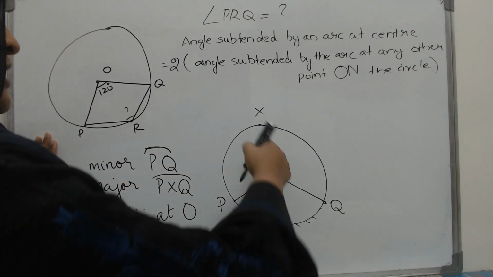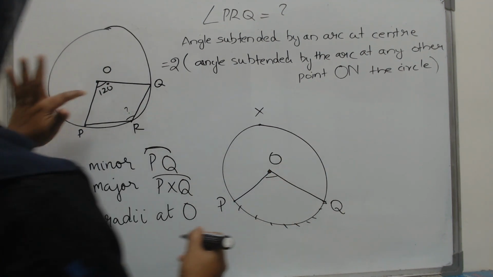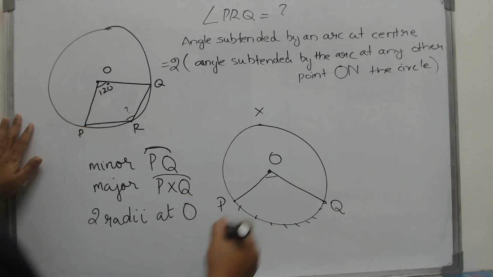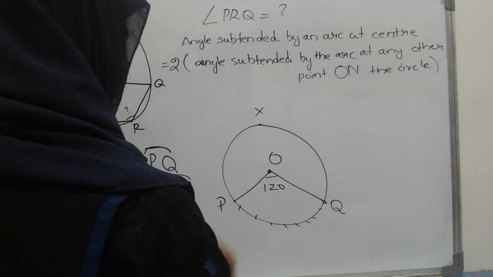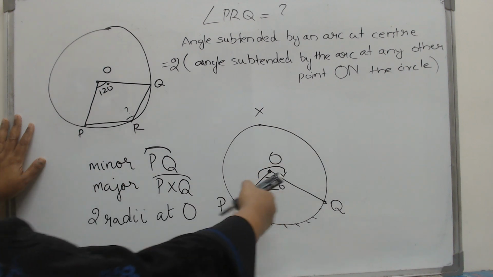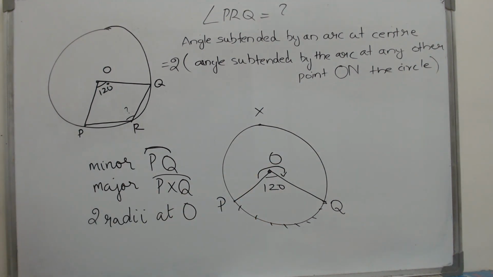So as always you will have 2 angles. I'll just use the same example so that it is easy for you to relate. If one angle is 120, what is the other angle? One complete revolution makes 360 degrees.